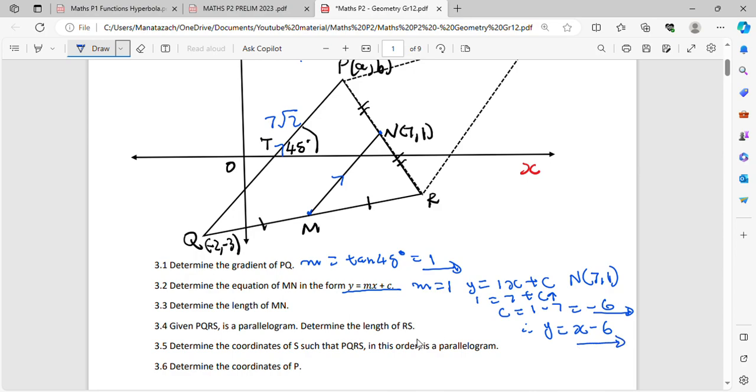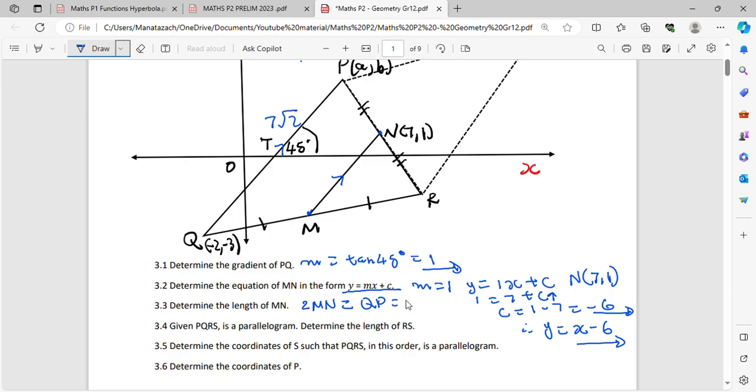Okay, now let's go to question 3.3. Determine the length of MN. Since M and N are both midpoints, you can say 2 times MN is equal to QP.